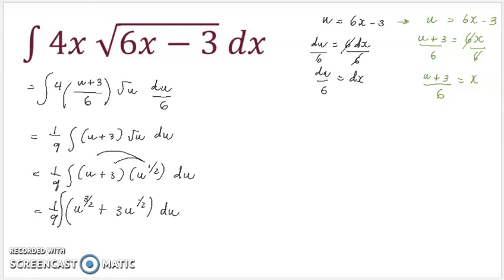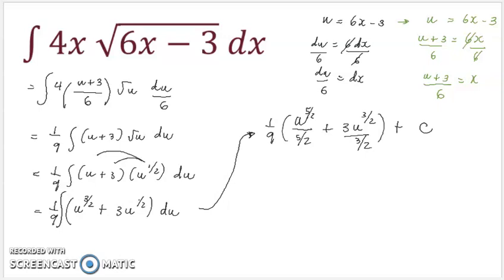Still an integral. And now we apply our integration rule. So we have 1/9. We just add 1 to the exponent. So it's u raised to 5/2 over 5/2 plus 3u raised to 3/2 over 3/2 plus c.